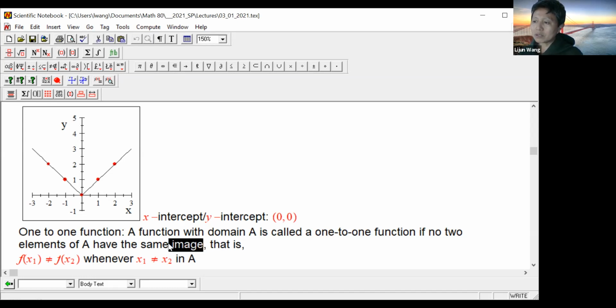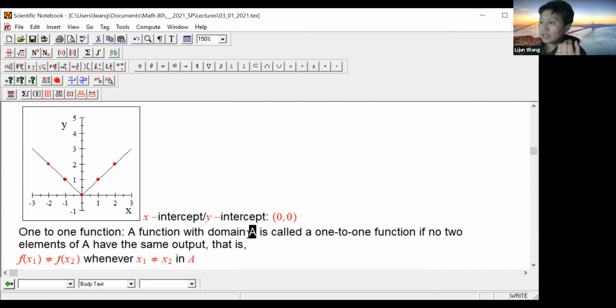The same image will actually mean the same output. Image means output. Sometimes the output is called image. So we're going to use the word output. All right, we understand A is a domain.